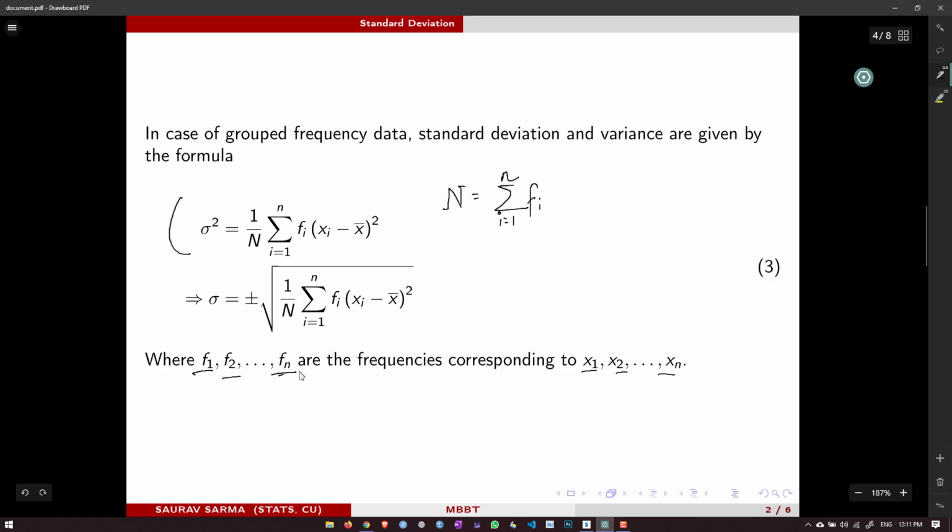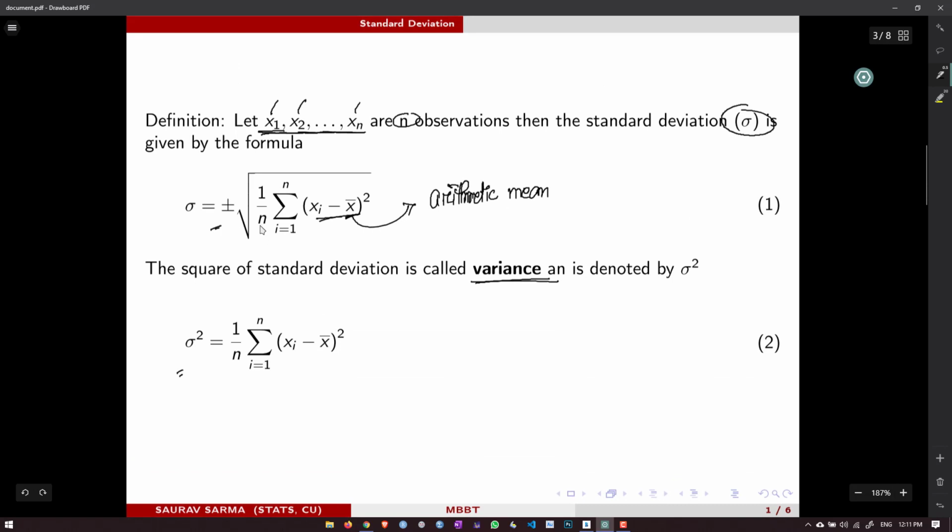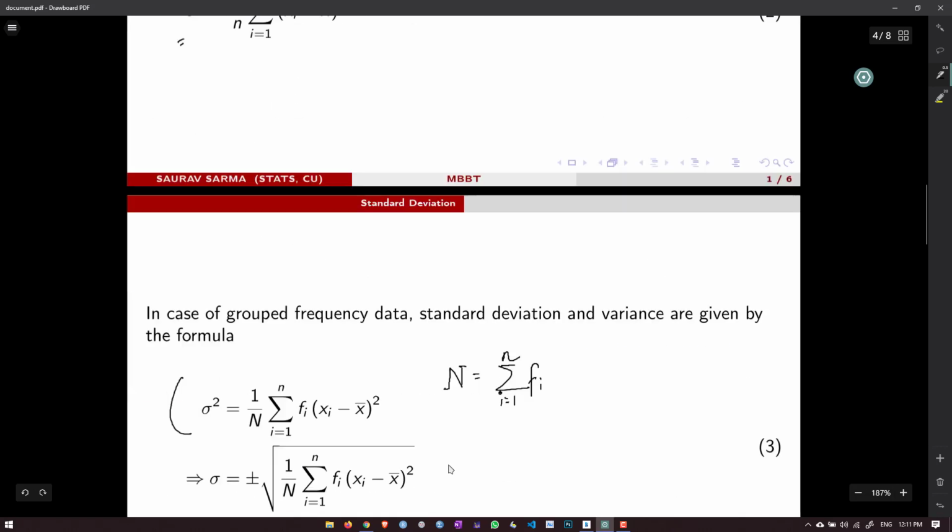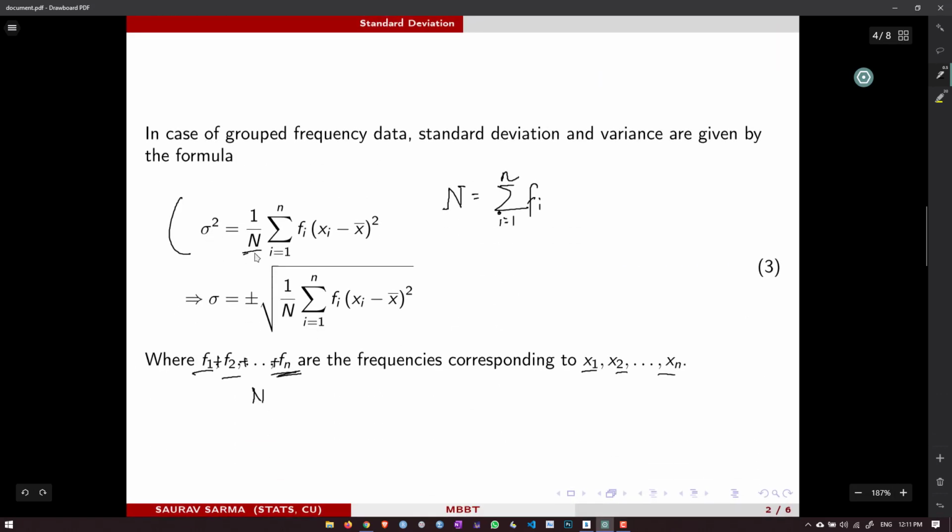So if you have n frequencies and add all of them, you will get capital N. In our previous formula for ungrouped data it was small n. Small n means number of observations, and in case of group frequency it is capital N, that is total frequency. The only thing different is that we will have to multiply by the frequencies. If you take the square root, you will get the standard deviation.